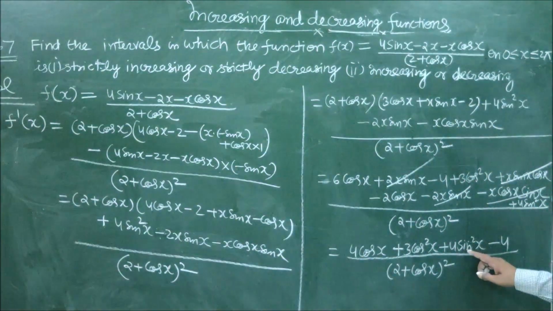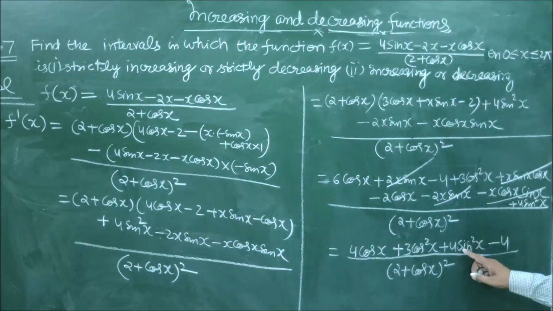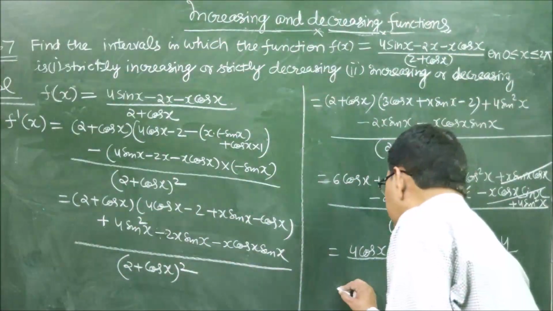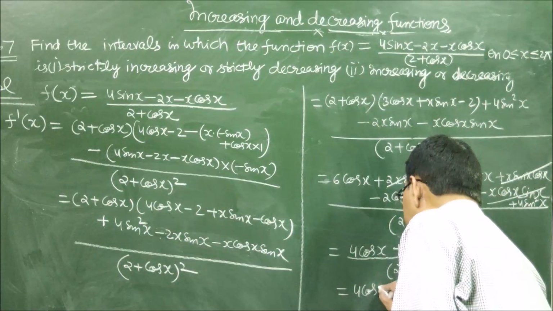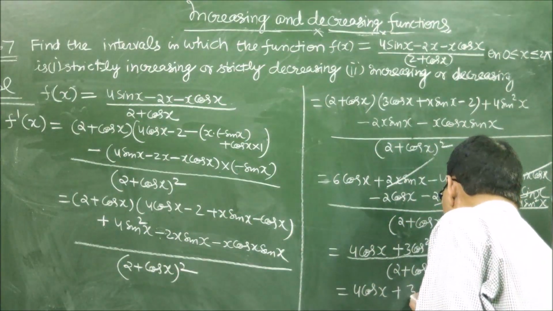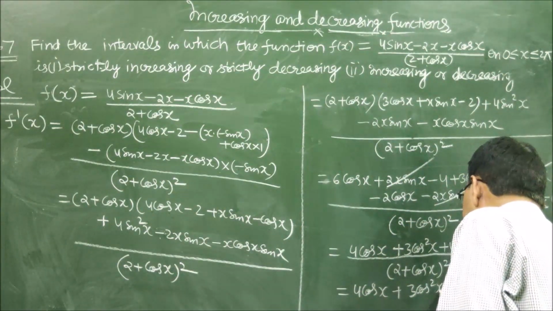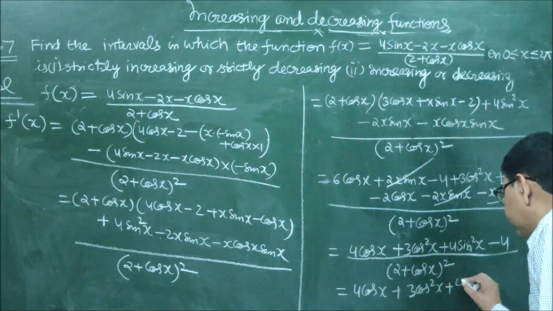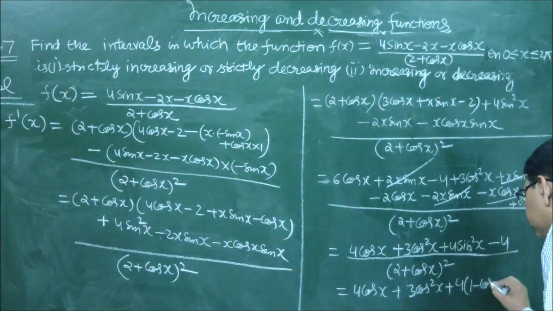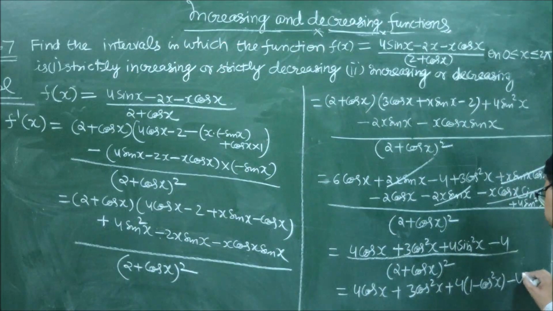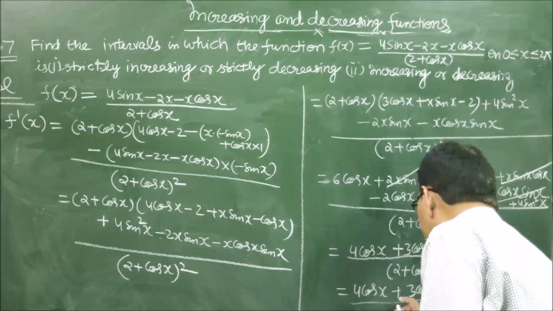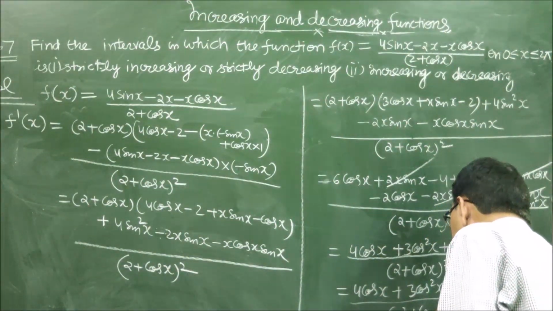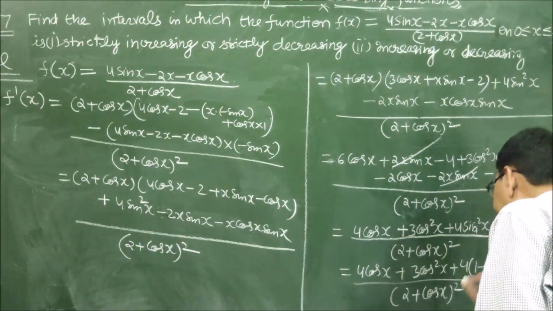Now let us change this into cos. We can write 4 sin square x as 4 into (1 − cos square x). So 4 cos x plus 3 cos square x plus 4 into (1 − cos square x) minus 4 upon (2 + cos x) whole square.